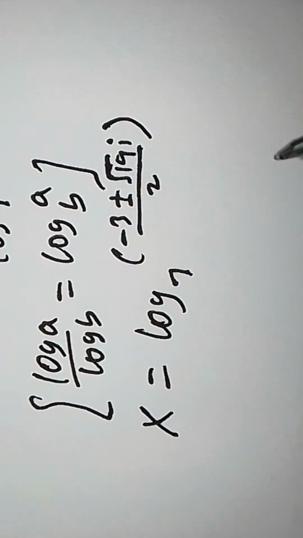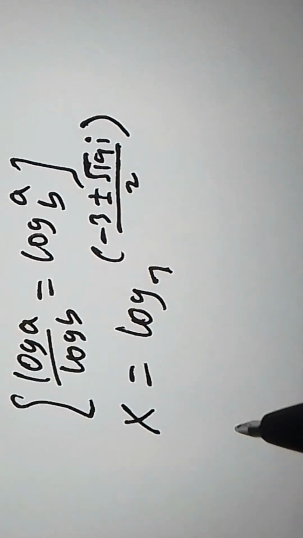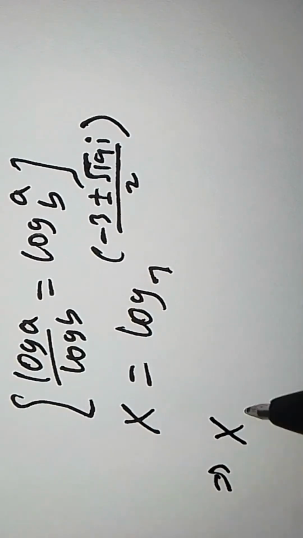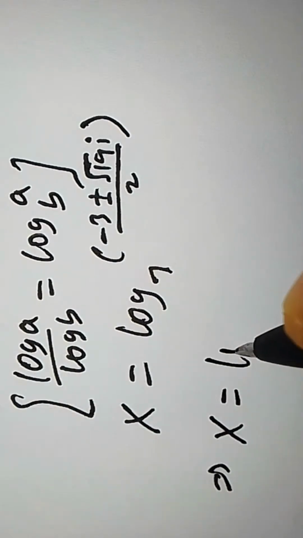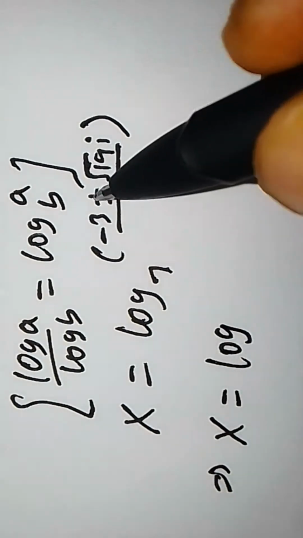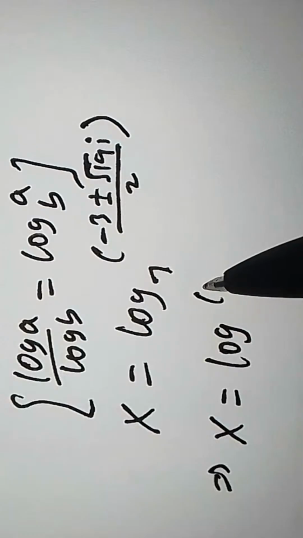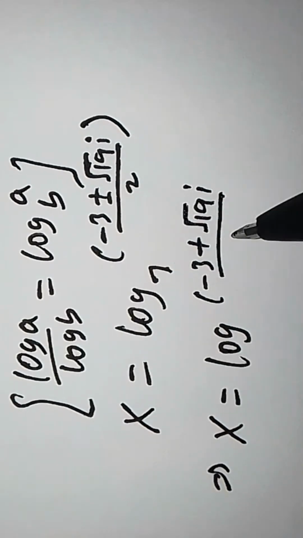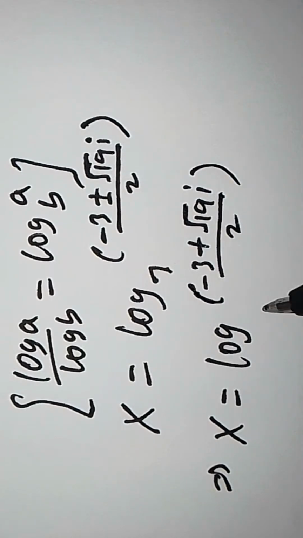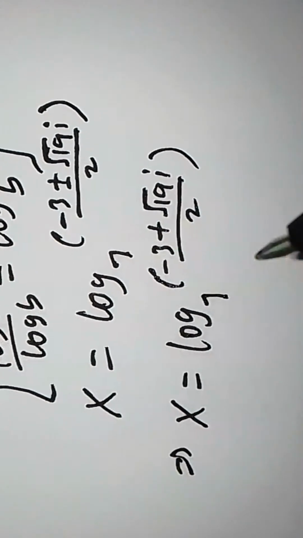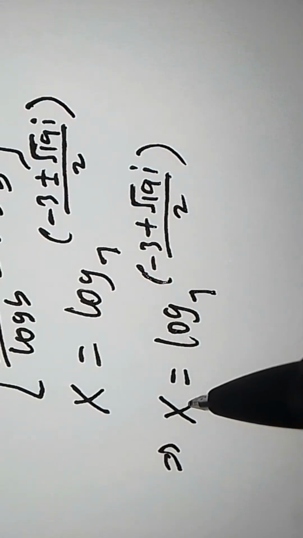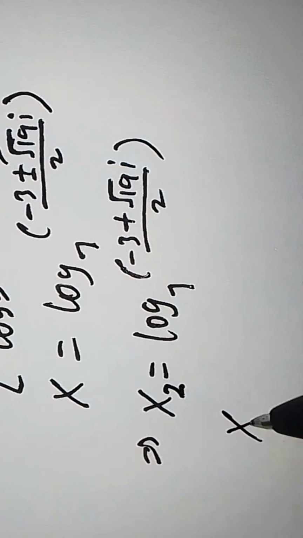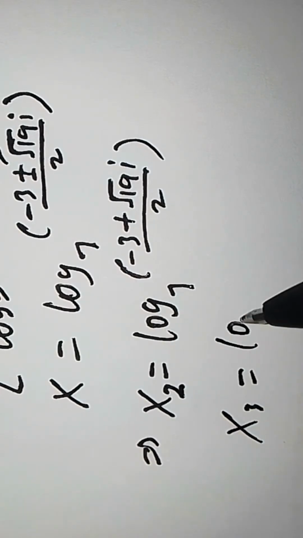You will see that from this line, x is equal to log. Consider the positive sign, that will be minus 3 plus square root of 19i divided by 2 base 7. Let us call it this one x2. So x3 will now become log.